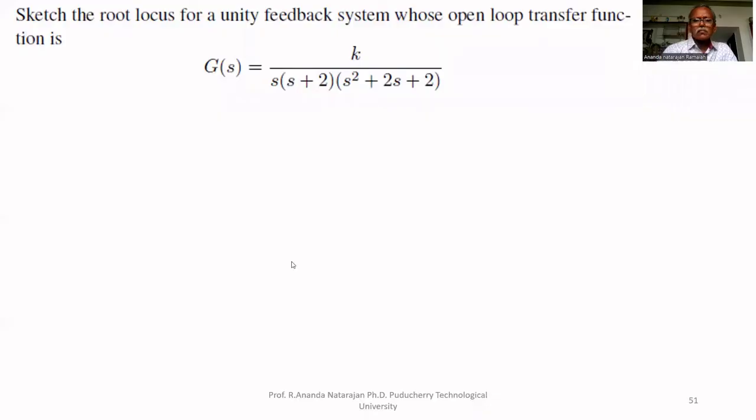Now let us see one interesting root locus sum. Sketch the root locus for a unity feedback system whose open loop transfer function is G(s) = K / [s(s+2)(s^2+2s+2)].